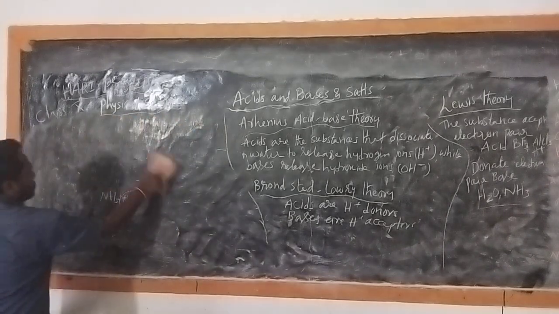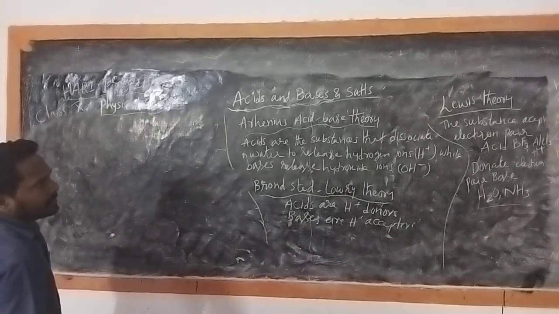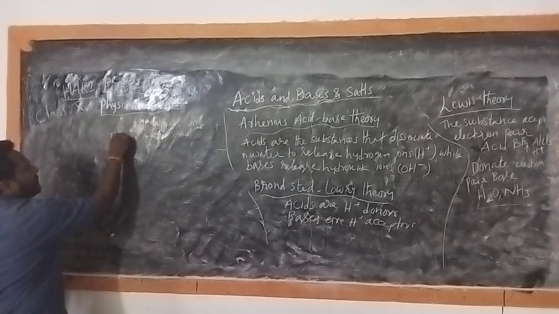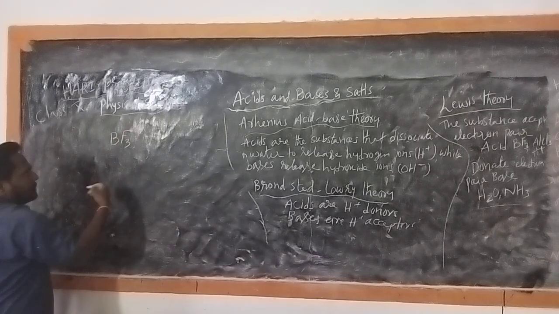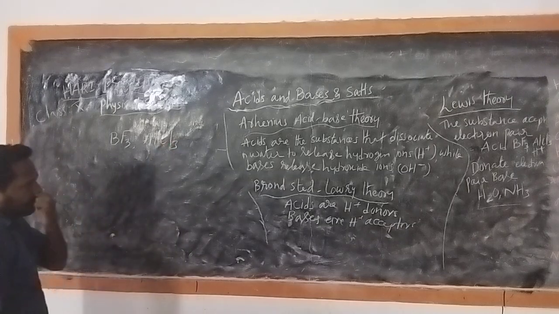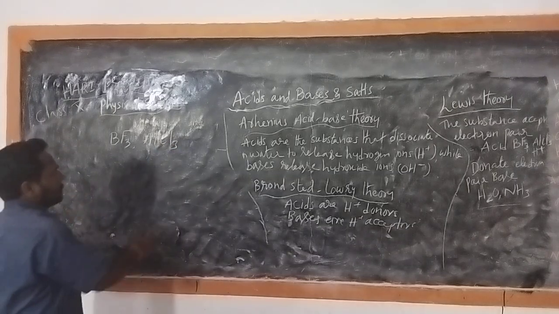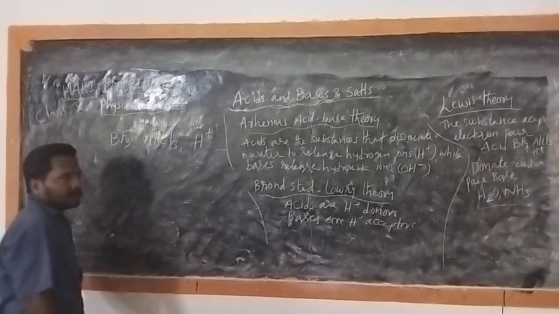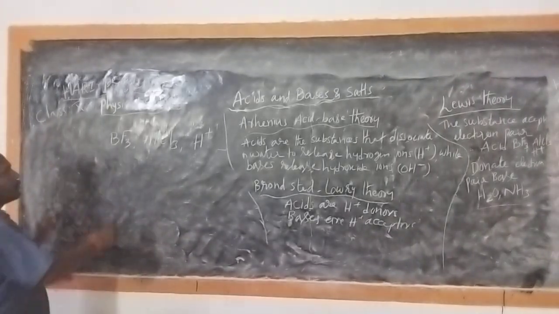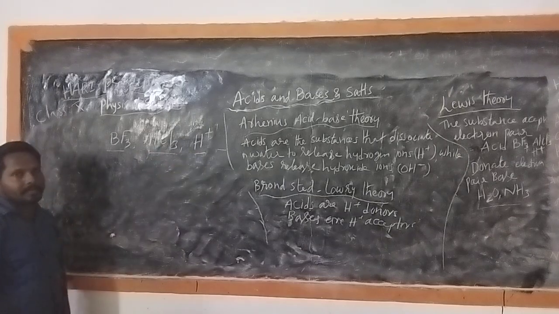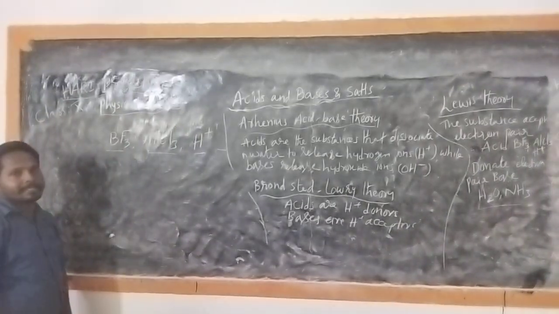Examples for Lewis acids: boron trifluoride, aluminum chloride, and H plus.